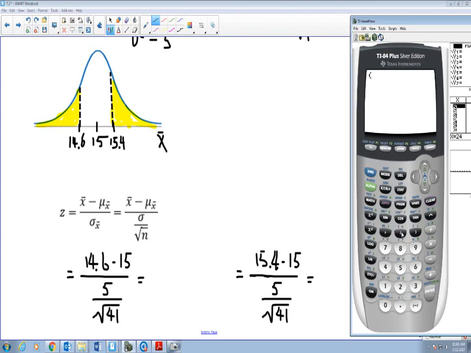So parenthesis 14.6 minus the 15, divided by parenthesis 5 over square root of 41. Close the square root, close my 41, close my denominator. Negative 0.51.